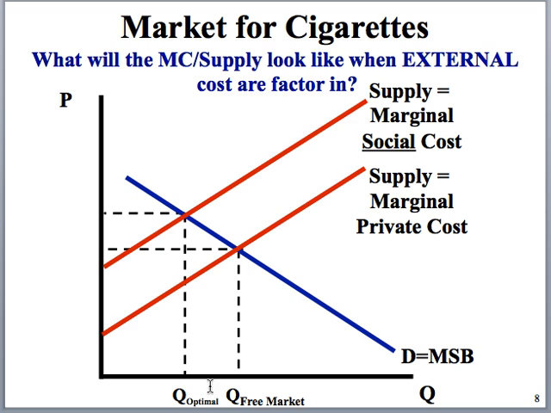So the optimal quantity, the socially optimal quantity, is something less than the free market quantity because there is a vertical distance here between the two supply curves, the marginal private cost and the marginal social cost. That vertical distance indicates the dollar amount of the negative externality.